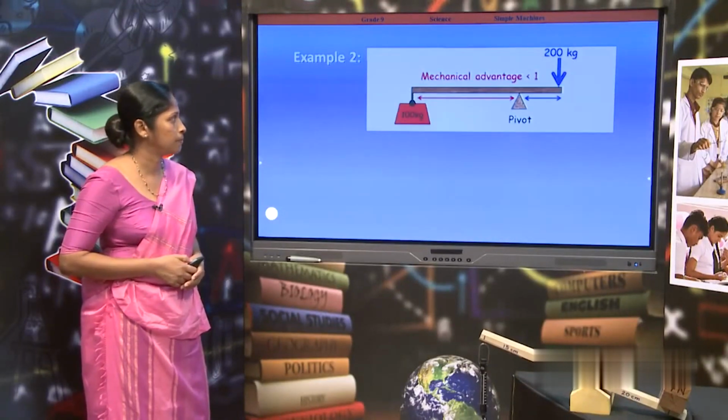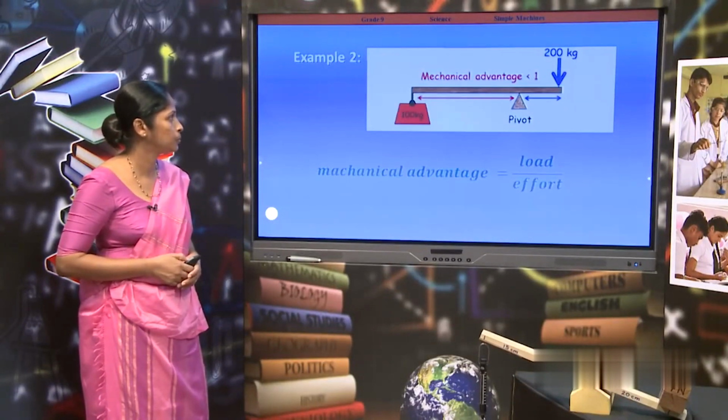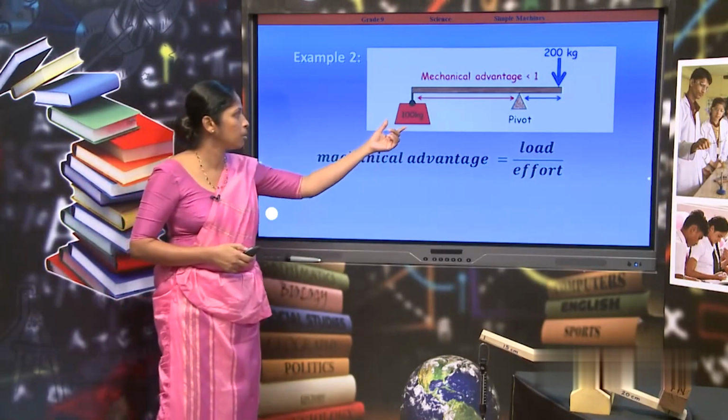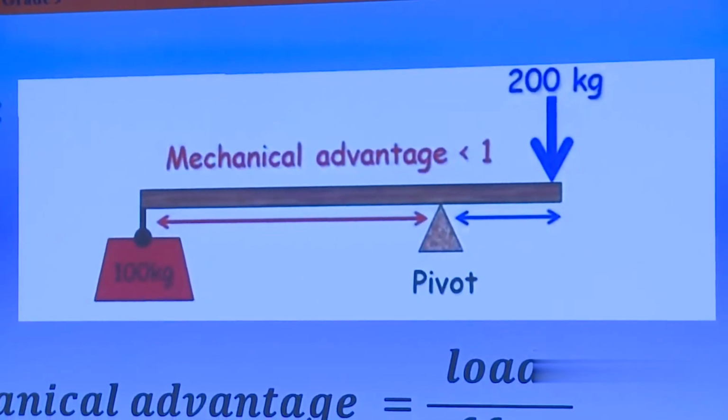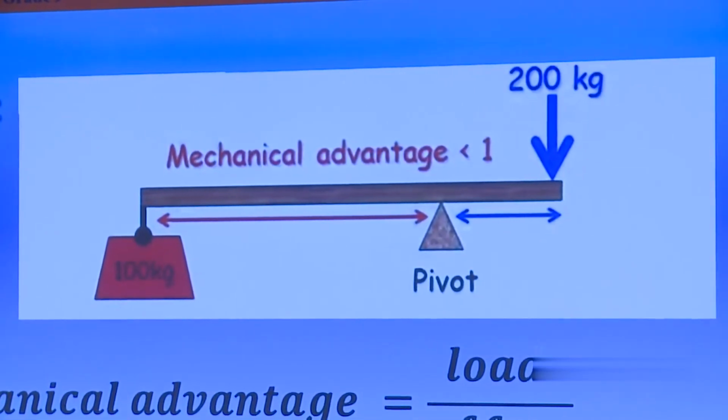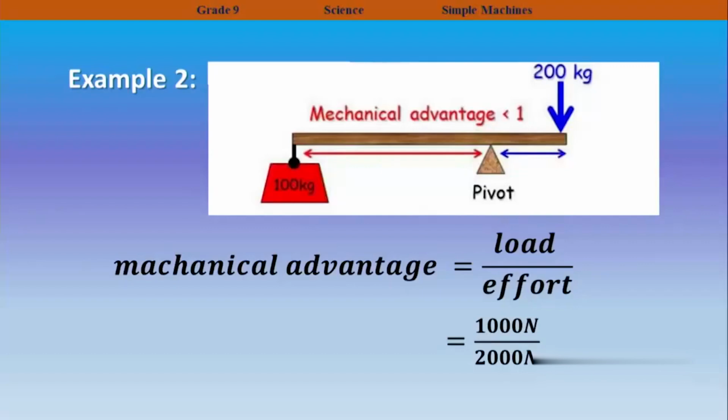Another activity, example 2. Here the same boulder is lifted by exerting a force of 200 kilogram, and that is equal to 2000 Newton. The load is 1000 Newton.